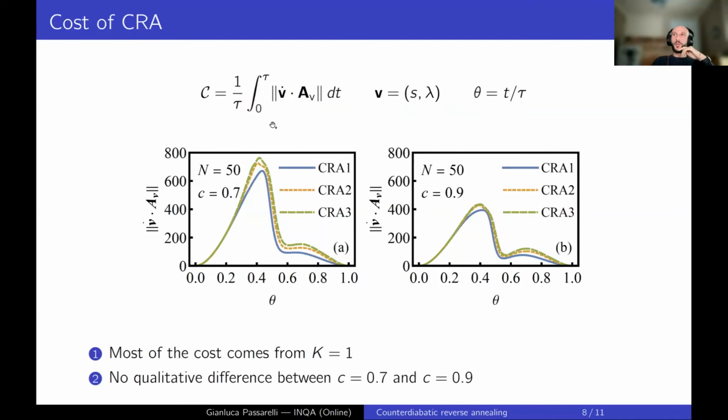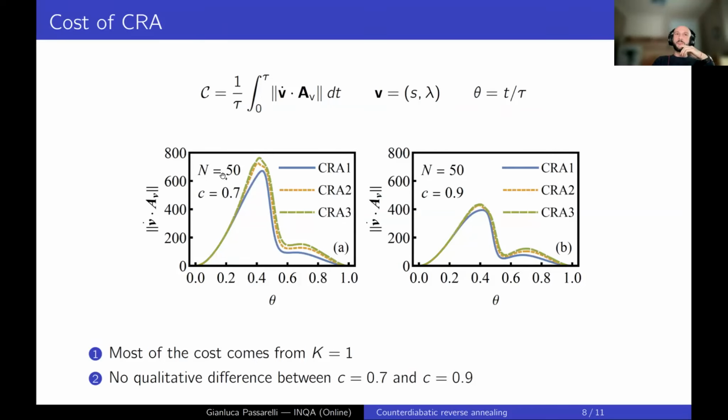So a way to compute this energy cost is by looking at the norm of this approximate counterdiabatic operator. This is the instantaneous cost, but you can also compute this integral here that gives you the average cost throughout the protocol. And this V is just a compact way of indicating the two parameters this Hamiltonian depends on. And theta here is just a dimensionless time rescaled by the total annealing time.